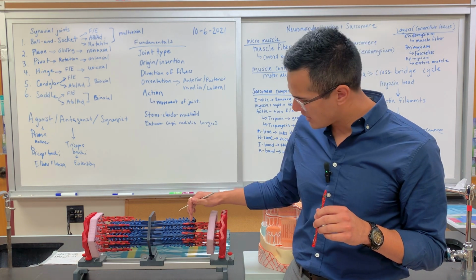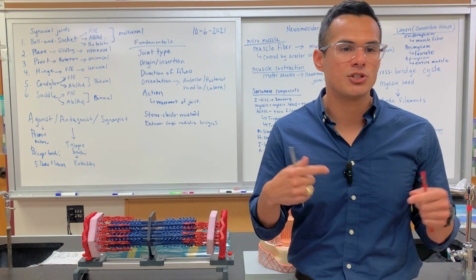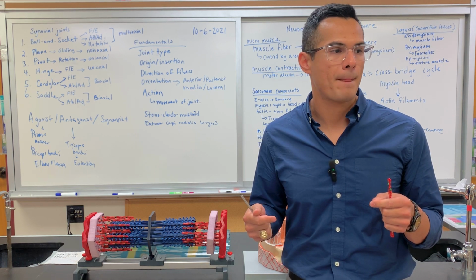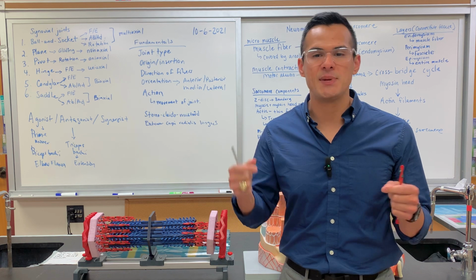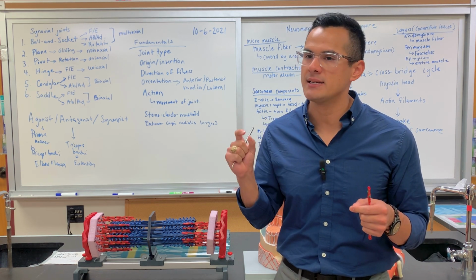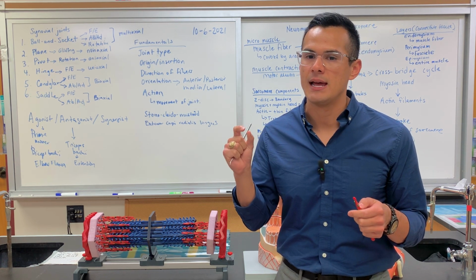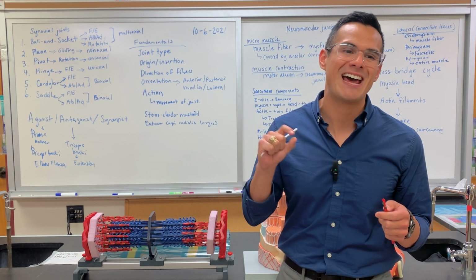So once it binds to troponin, it unravels the tropomyosin. The reason that tropomyosin has to unravel is because it's blocking the binding site for the myosin head, which is found on actin.